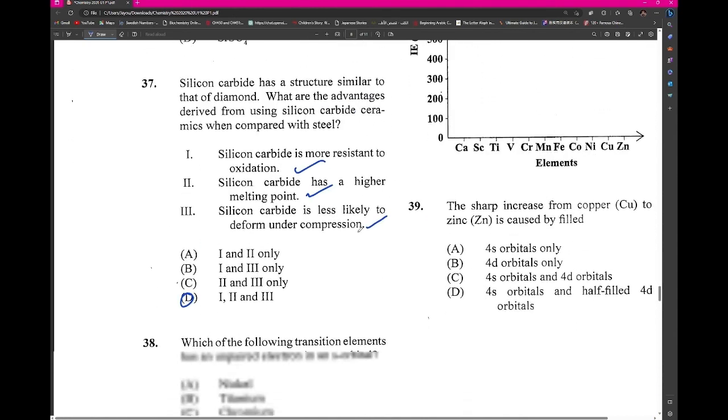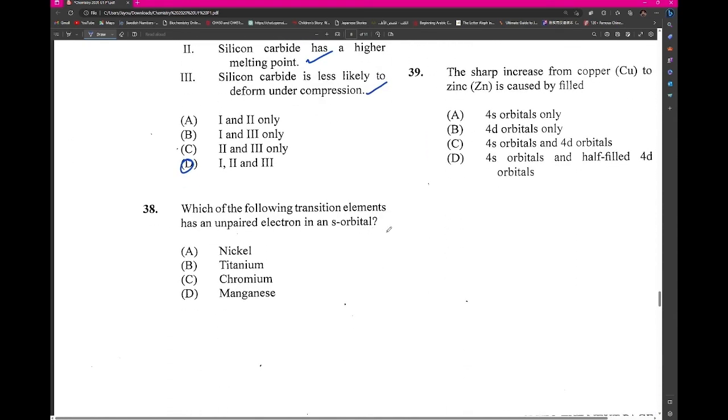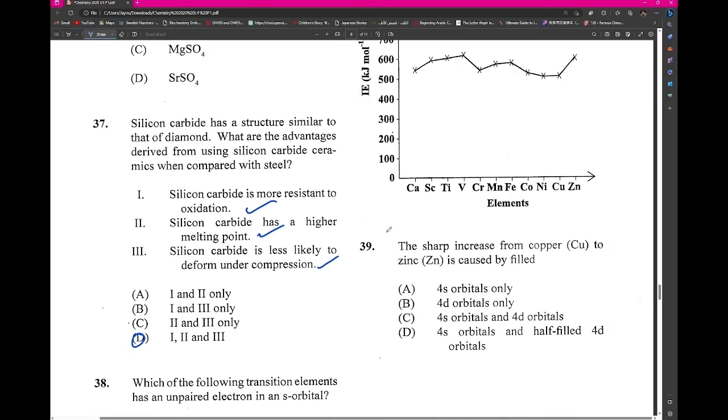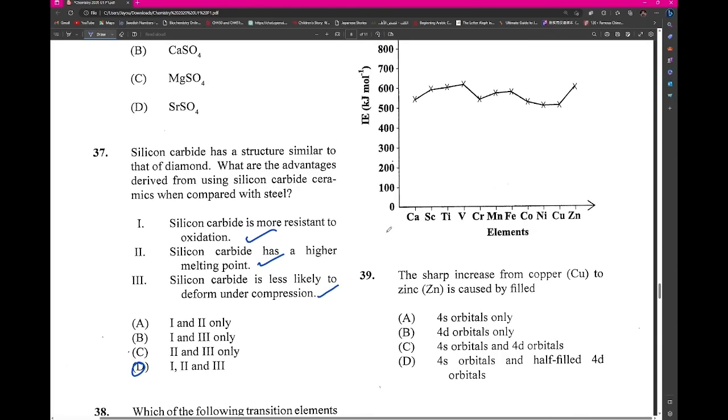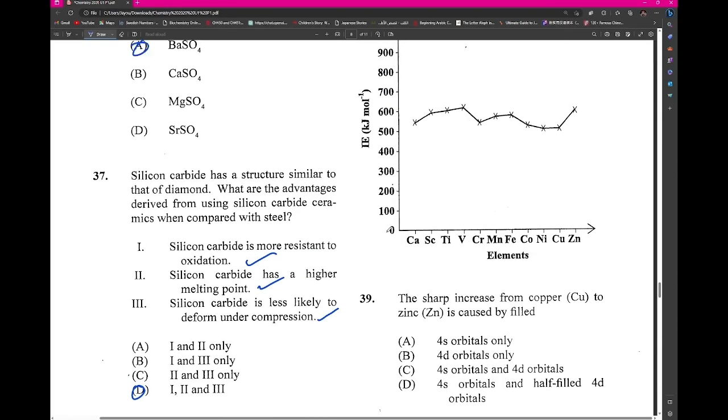You tell me. Which of the following transition elements have unpaired electrons? Remember, we are dealing with the two Cs, so C here, chromium. The sharp increase from copper to zinc is caused by what?